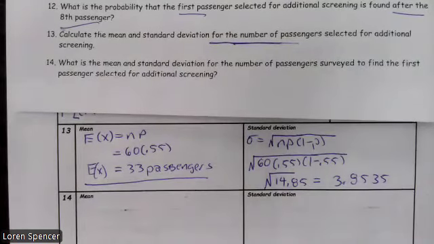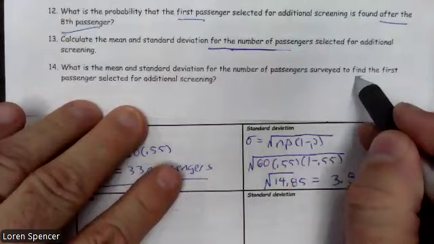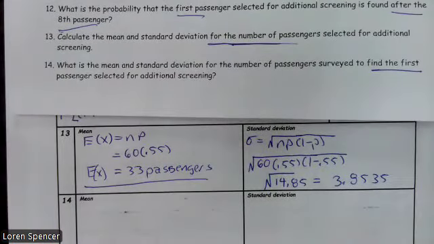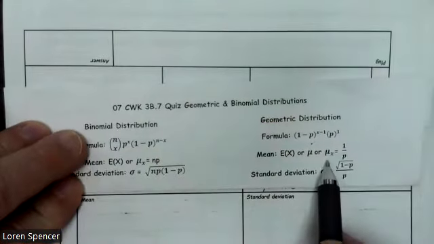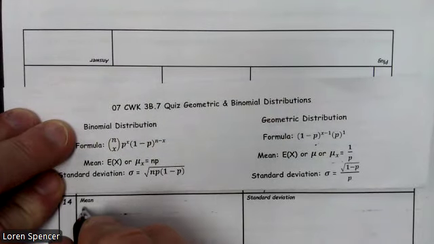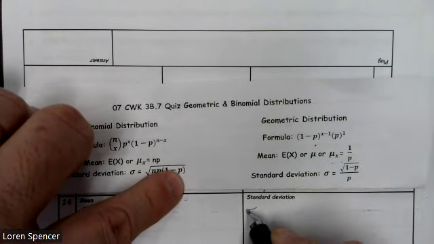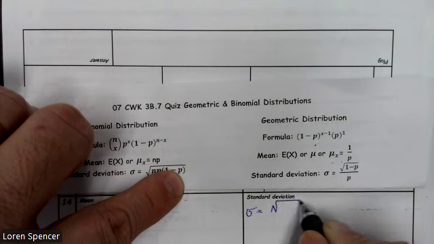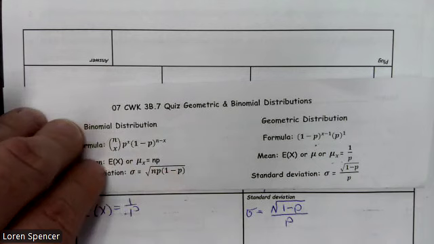The next one, number 14, what is the mean and standard deviation for the number of passengers surveyed to find the first passenger selected for additional screening. We're looking for the first, so we're going to be working with the geometric. The geometric has a different formula for the mean or expected value. The expected value formula is 1 over p, and the standard deviation formula is the square root of 1 minus p, over p.